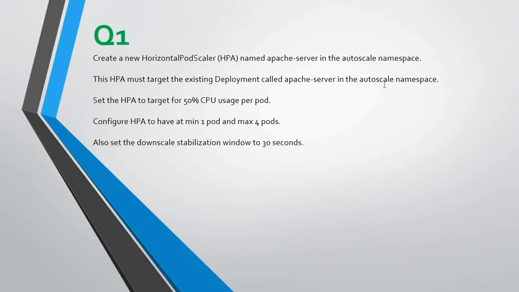But here I have to create the deployment because this is a live environment for practice purposes. In the exam you have to check whether the deployment exists or not, using kubectl get deployment. First check the namespace.